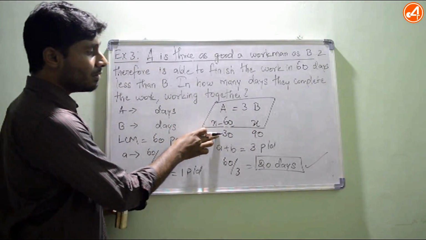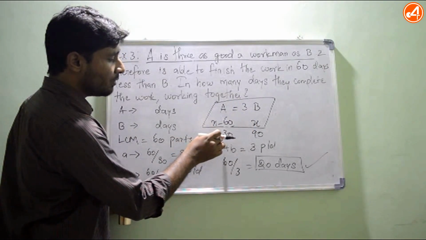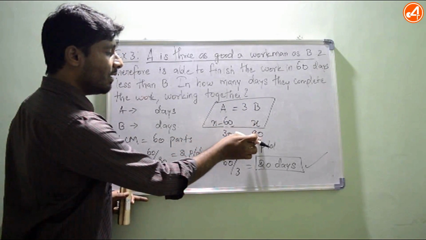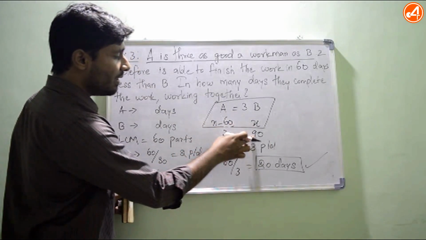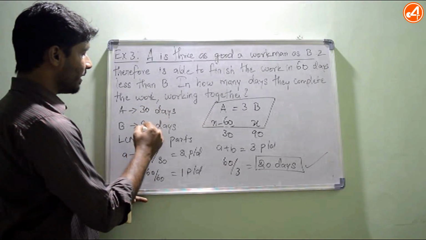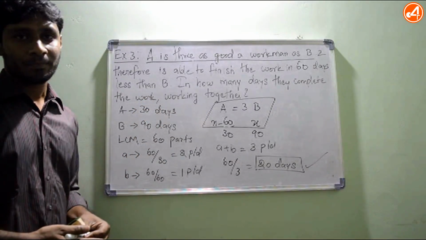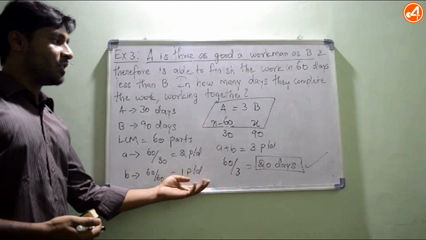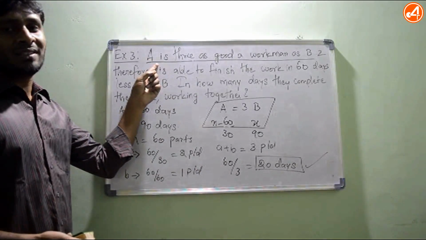So A equal to 30, so B should be 3 times A, so 3 into 3, 9, 90. Again, you just recheck it: X equal to 90 days, X minus 60 is again 30 days, so again 30 and 90. It was all about the numbers and all about the guessing. And this is a very important question for the time and work topic, and this is based on the efficiency of the two persons A and B working together.